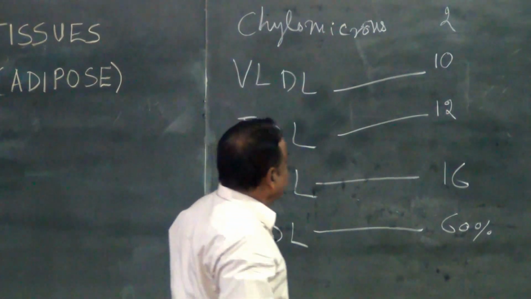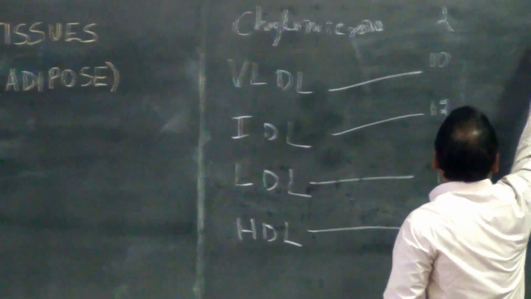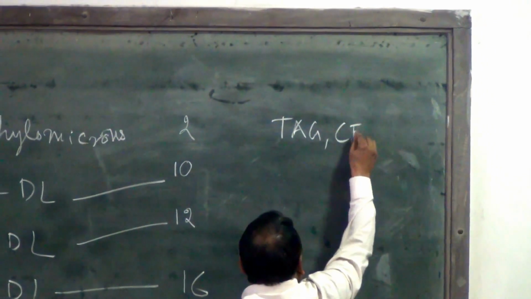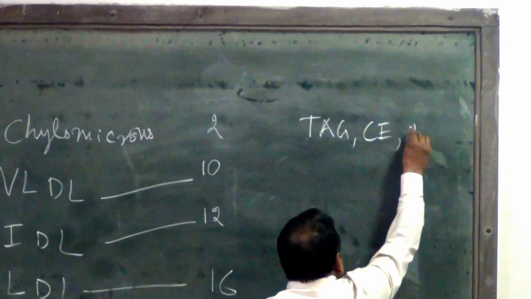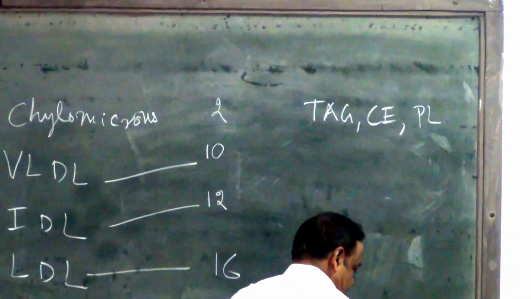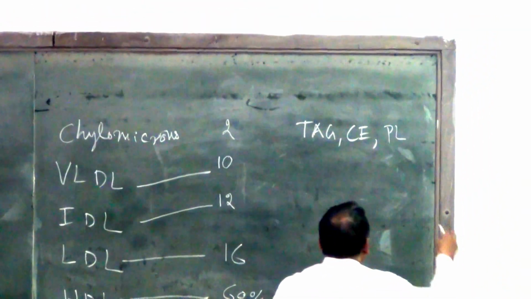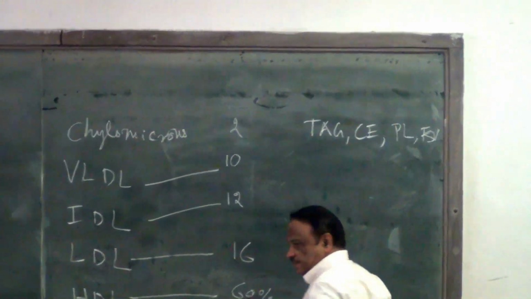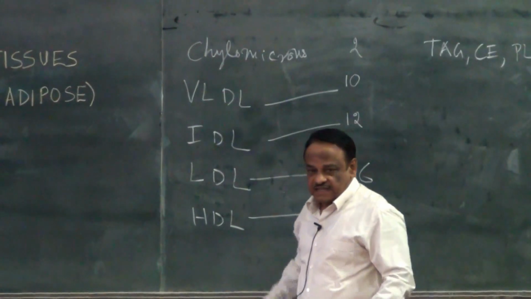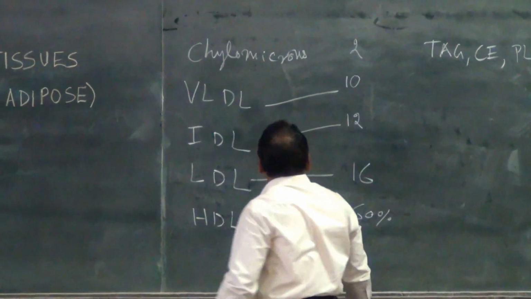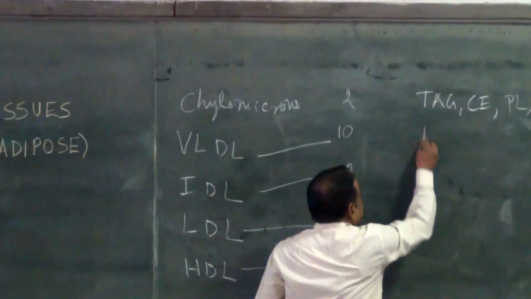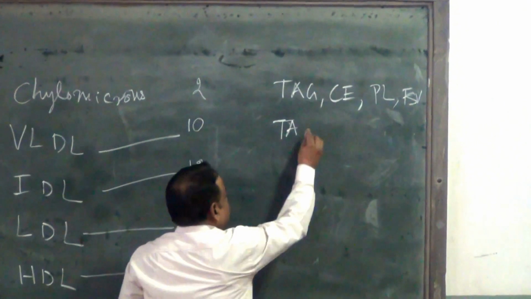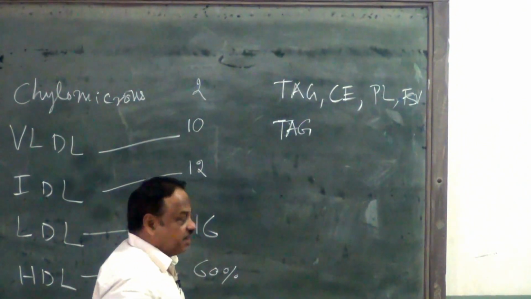And if you consider the major lipids in chylomicrons, it is TAG, cholesterol ester, phospholipid, and fat-soluble vitamins. That is the content. Now VLDL also has triglycerides as the major lipid.